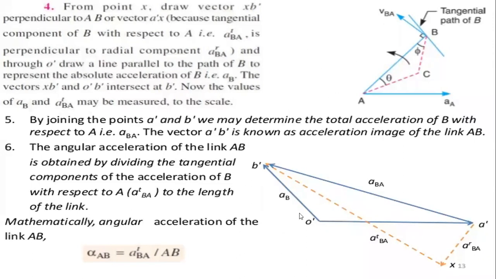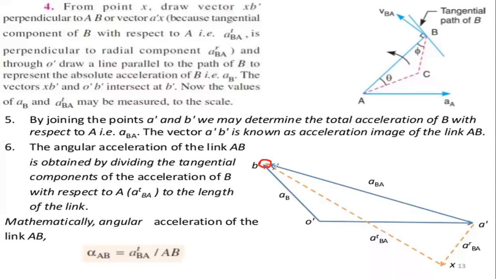And from these 2 points, that is X B dash and O dash B dash, there is an intersection point. So this is the intersection point of the two lines, that is O dash B dash and X B dash.